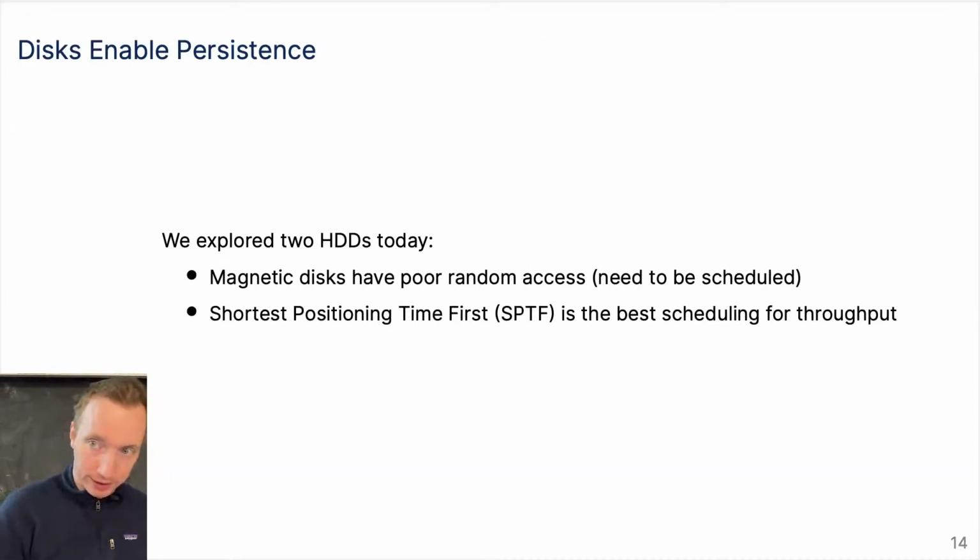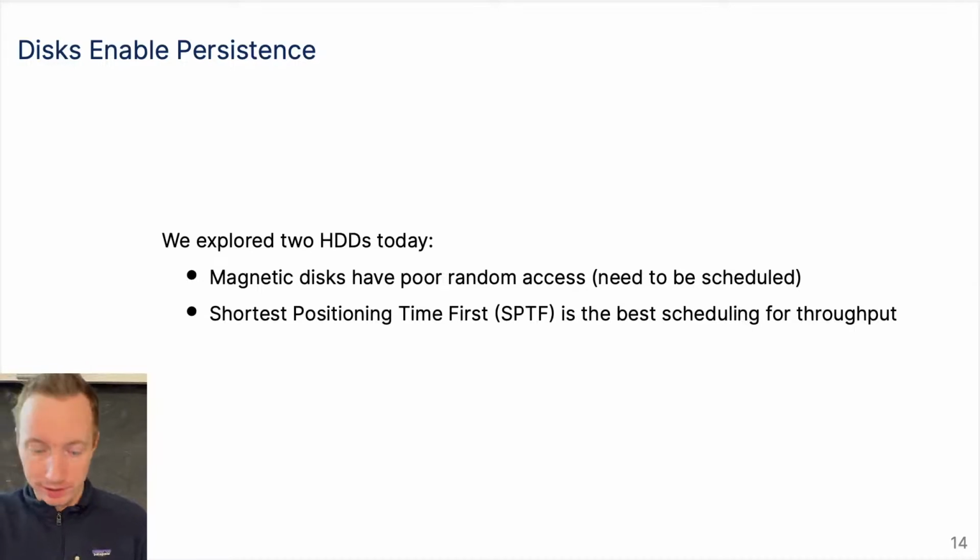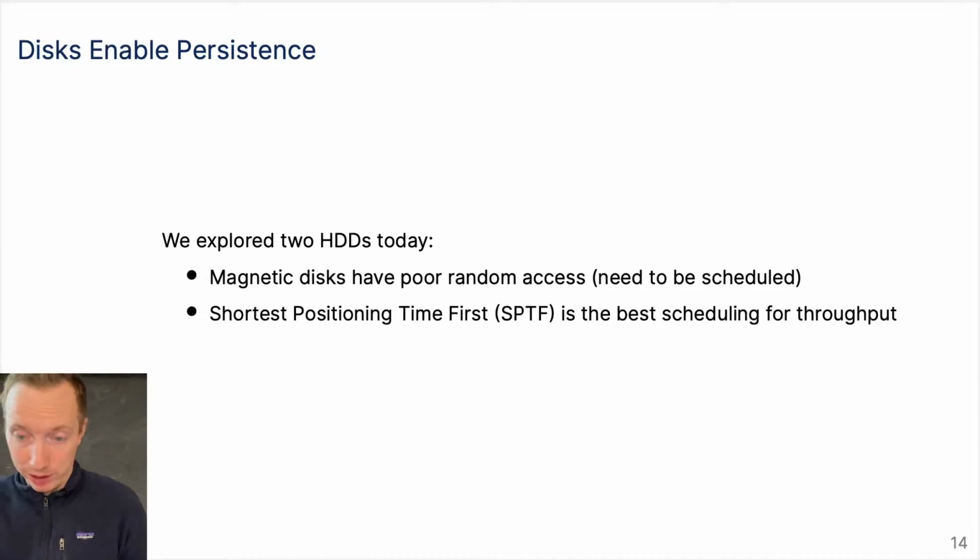Okay, so disk and persistence. We explored two kinds of hard drives, the enterprise one and the consumer one, saw shingled and non-shingled, so two options for a whole bunch of hard drives. But basically, the magnetic disks have really poor random access. They also need scheduling, which, good thing we learned scheduling.